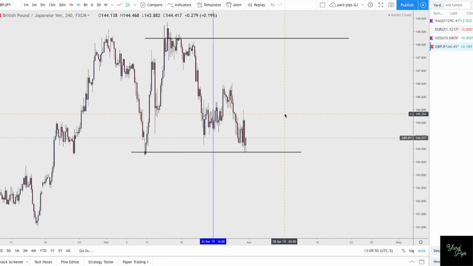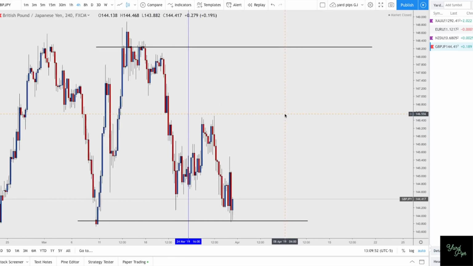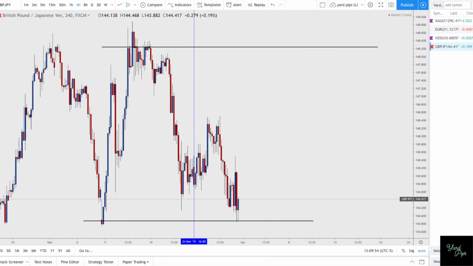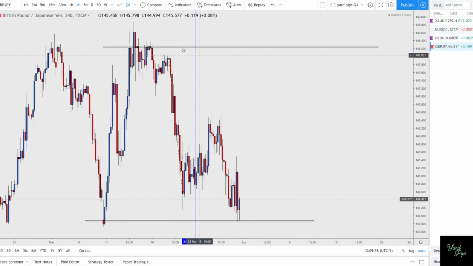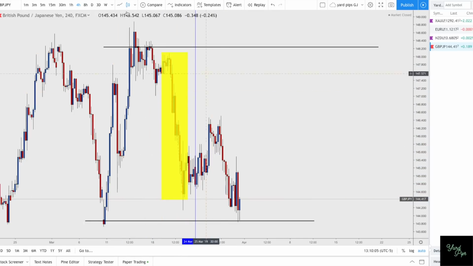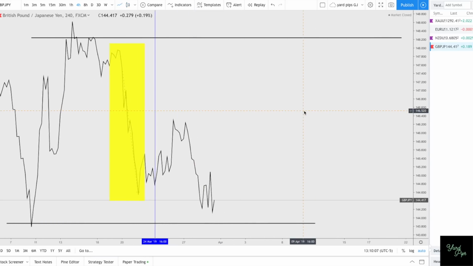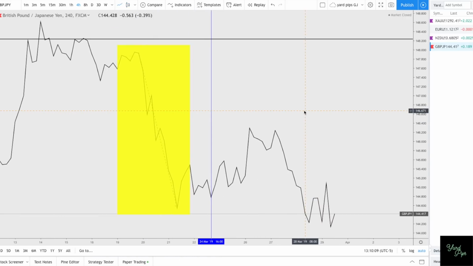So looking at the H4 time frame, we can see that we had an incredible bearish push within the market last week. So ideally it would be good for us to analyze what really happened there, and the only way to analyze is to take the line chart into consideration.